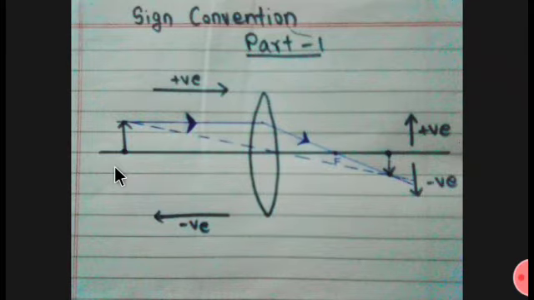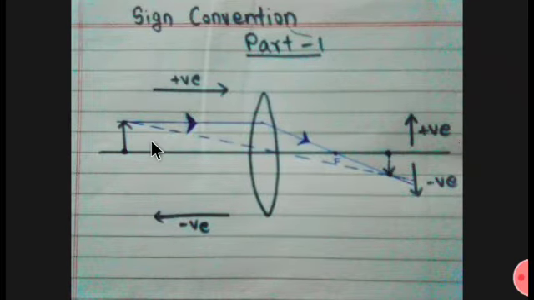So to avoid this, they made 6 rules, and if you use these 6 rules, you'll get the required answer. This is called sign convention.